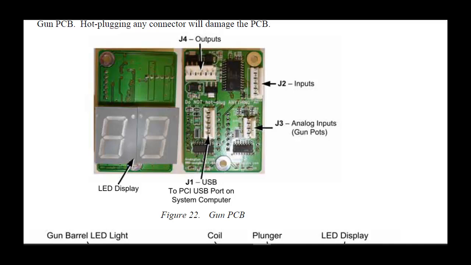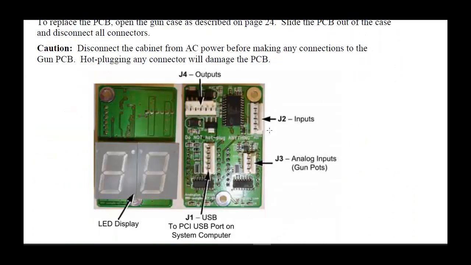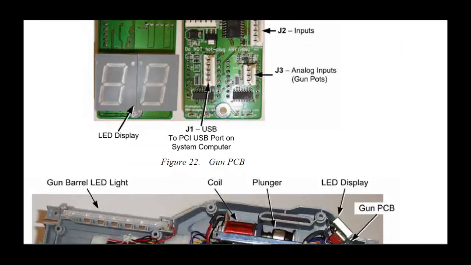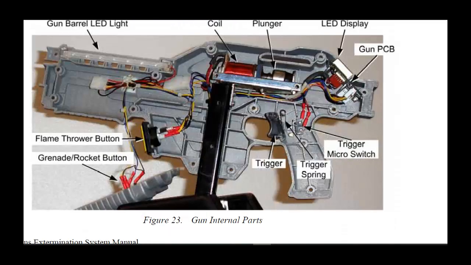J2 is the input for small buttons like shoot or not. J3 is the analog input for the axis Y and X. J4 is the output to the main board.